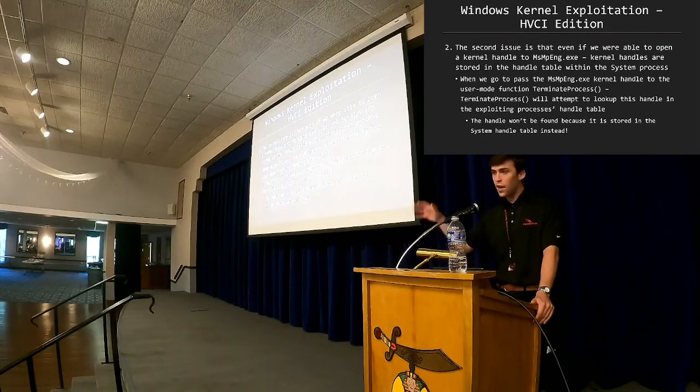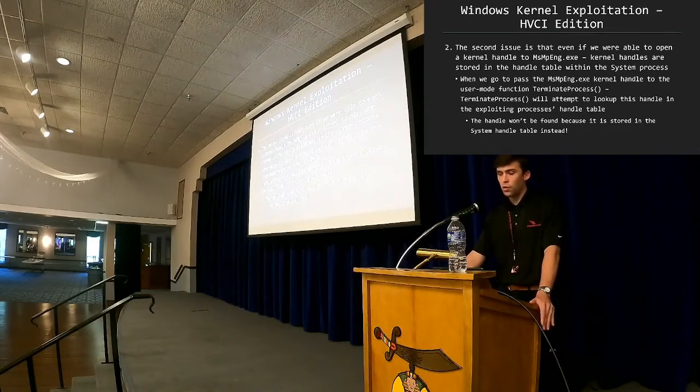Well, that means that handle will be stored in exploit.exe's handle table. But we want to open up a kernel handle to it because anytime you do a user mode handle to the Defender process, you're going to get your access rights stripped. But the issue is, if you open up a true kernel handle, which we'll talk about in the next slide, that will get stored in the system process's handle table.